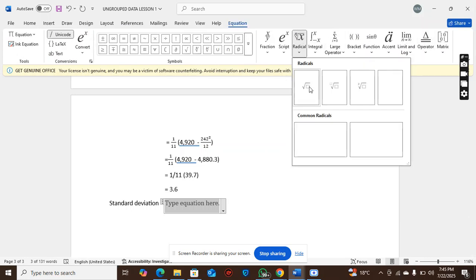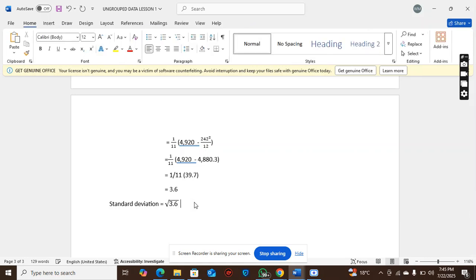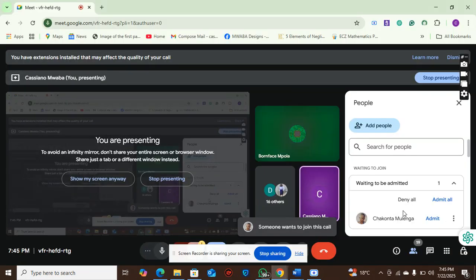What's the square root of 3.6? Yes, 1.9. That is our standard deviation. Any questions?